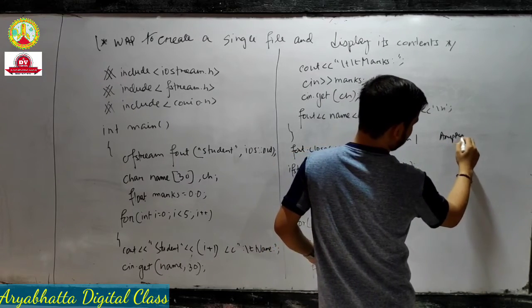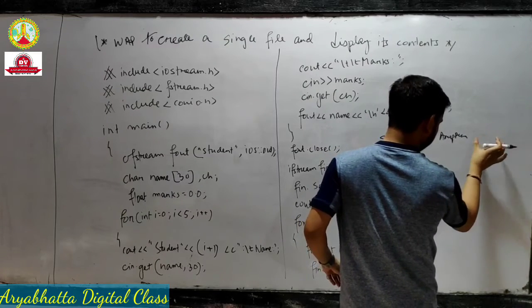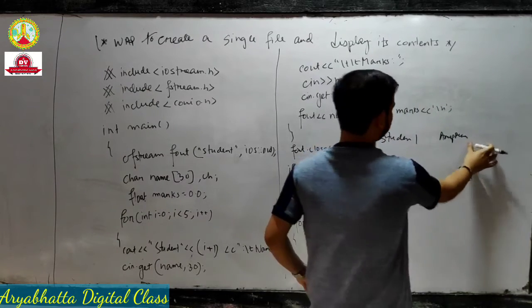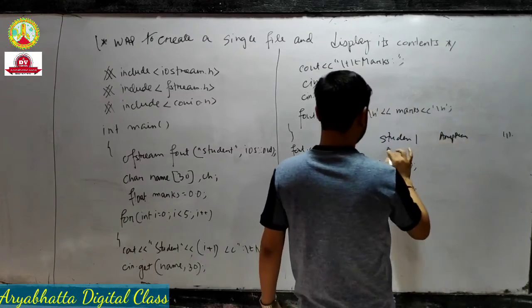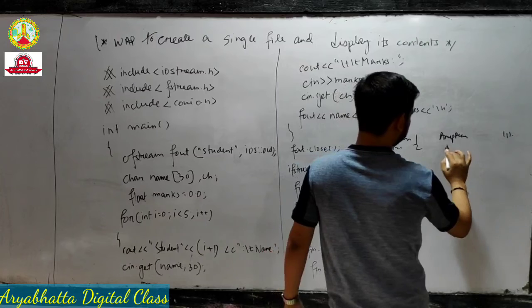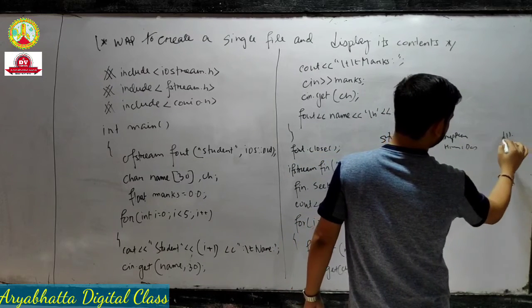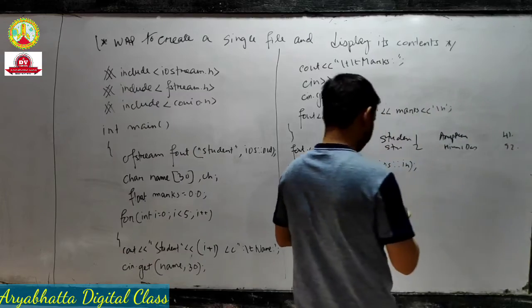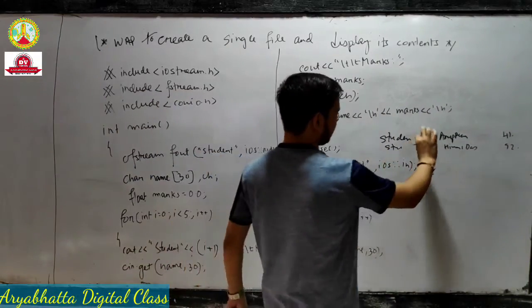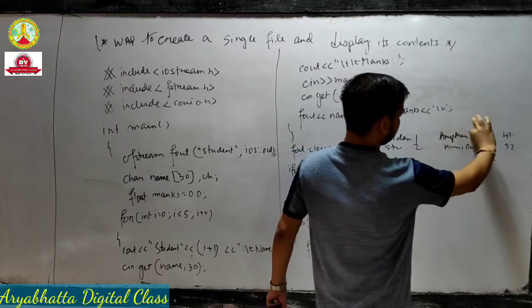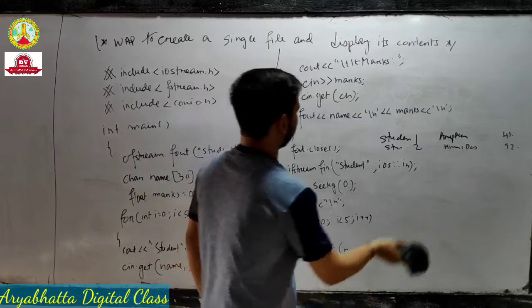Suppose name is Arup Deka, 8 space, and marks is suppose 41. After that comes student 2, suppose this name is Himanshu Das, and marks is 92.0 or 92.5. It does not come as a new line, it comes as 8 space. Why? Because we use backslash T, right?